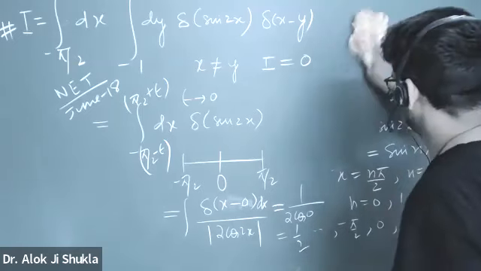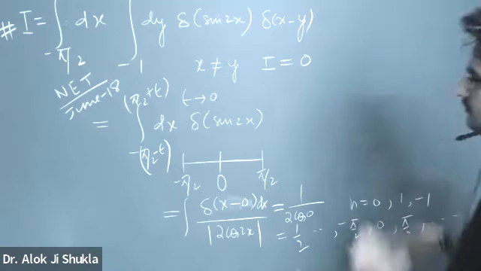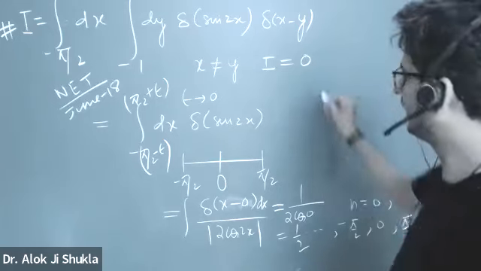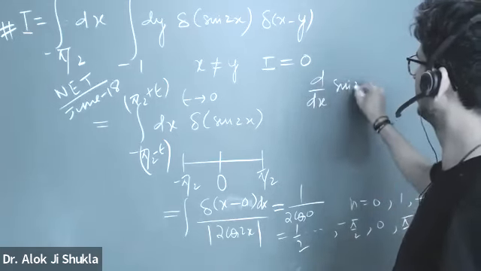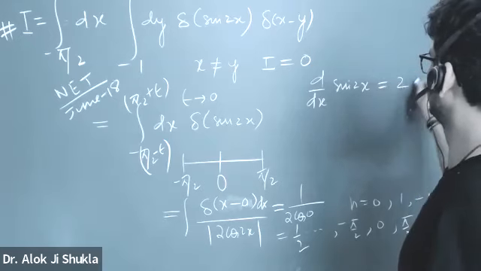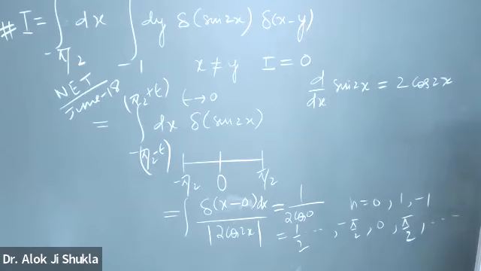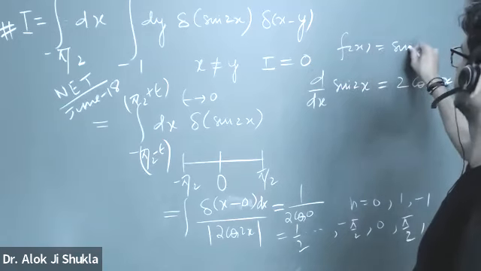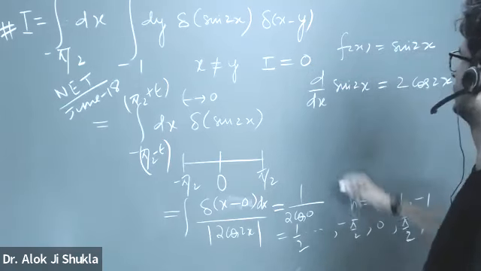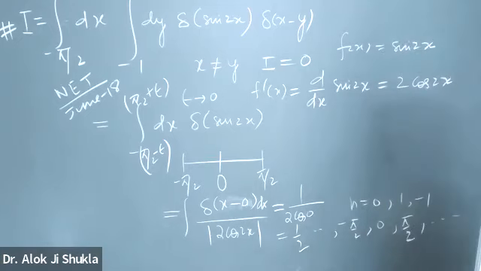Sorry sir, I wrote cos square x, it was cos 2x. Are you saying that the derivative of sin 2x will be cos square x? When your f(x) is sin 2x, this is f dash x. So how will that become cos square?